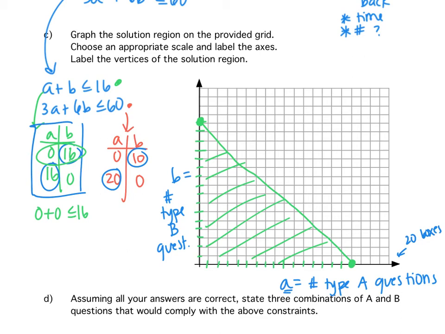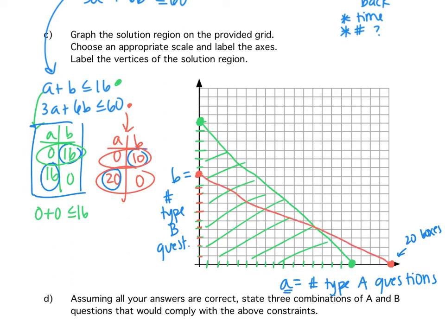Okay, now if I graph my red, my first point is 0, 10. So 1, 2, 3, 4, 5, 6, 7, 8, 9, 10. And then 20, 0 is all the way over here. So I'm going to connect those. Again, you should be using a straight edge.